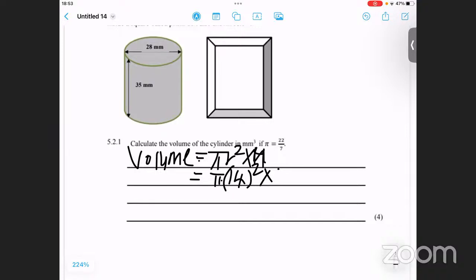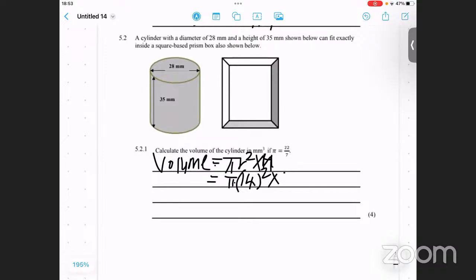It's going to be 35, ma'am. Multiplied by 35. And we have to punch this on our calculators.